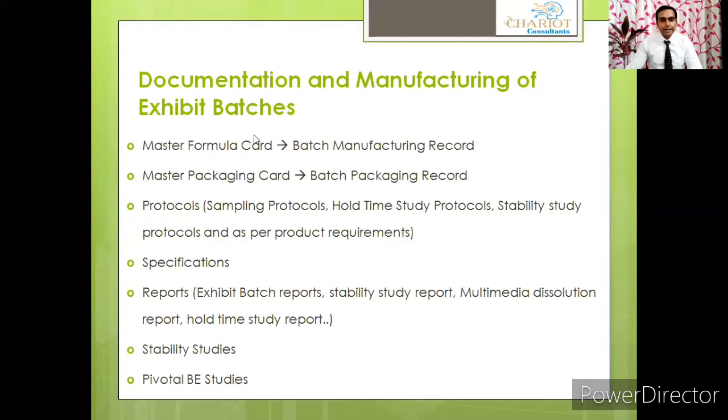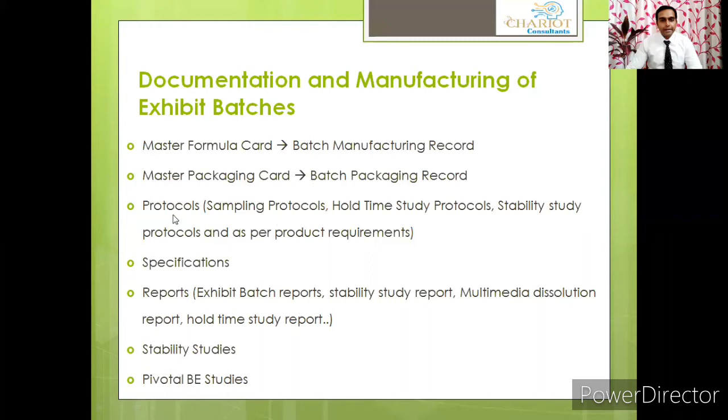Talking about the exhibit batch manufacturing, what are the major documents that should be provided by the R&D? For example, your master formula card, which is converted by the plant people into the batch manufacturing record. The master packaging card, which is converted into your batch packing record.